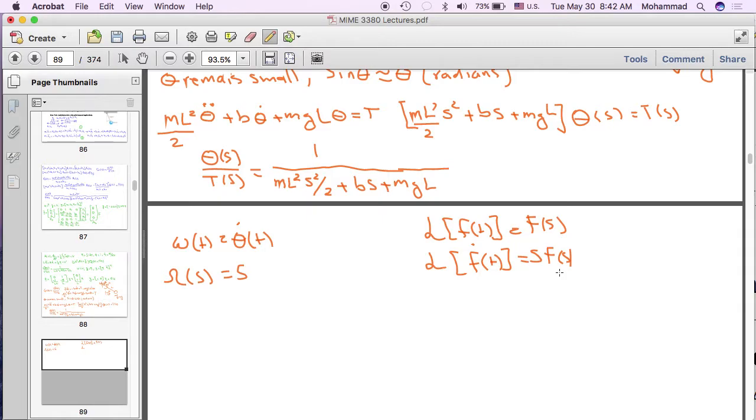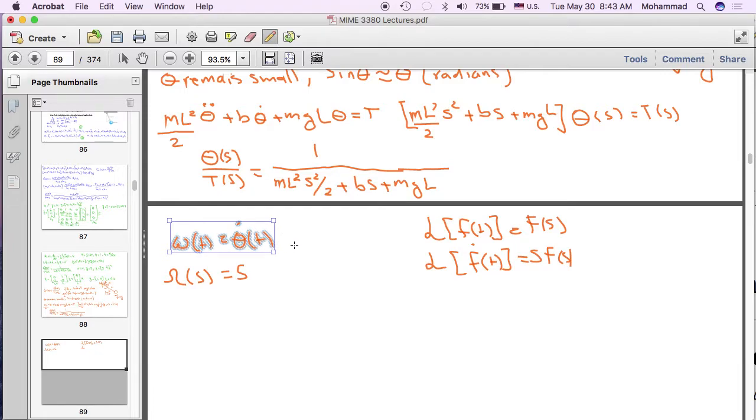Okay, based on that, what goes after s in my omega equation? What goes after s? See, my f of t is theta, so we want to keep it in terms of theta.